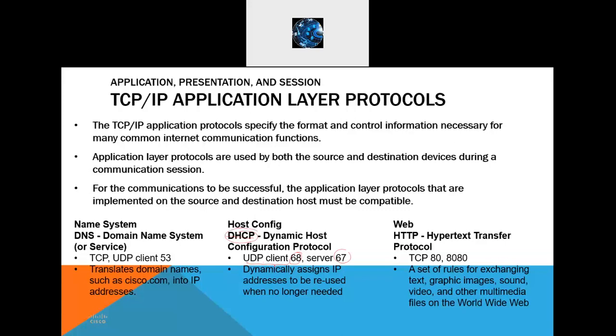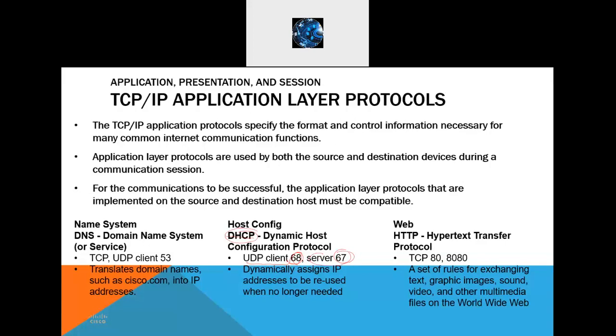Now, this is what happens when a client is requesting DHCP, that is an IP address. It is going to request with the source port number of 68 and destination port number of 67. Meaning what?